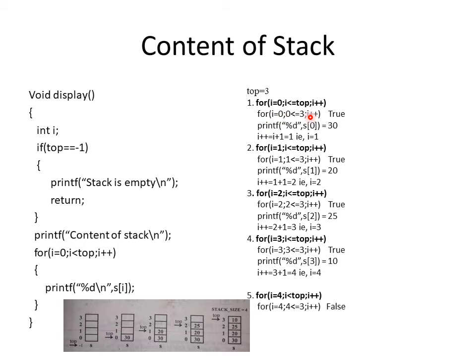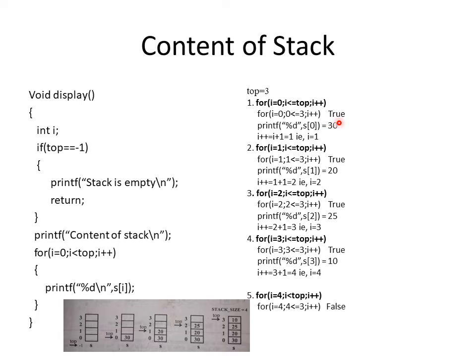Initially I equals 0 is less than or equal to 3, so the condition is true, then it will print S of 0. What is the item in S of 0? When the stack is full, it is 30. Therefore, it is printing 30.